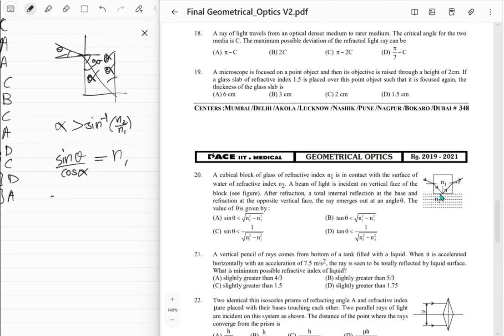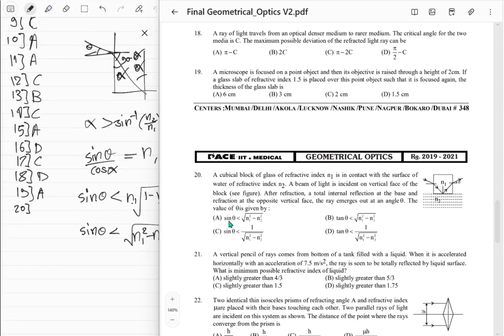Cosine alpha is the square root of 1 minus n2 squared upon n1 squared. It just means sine theta is less than the square root of n1 squared minus n2 squared. That's the condition. So there we go, 20a.